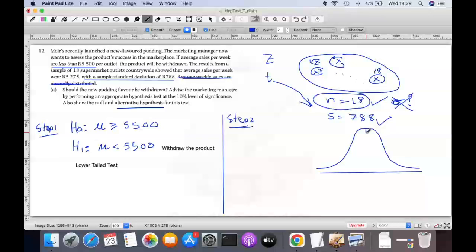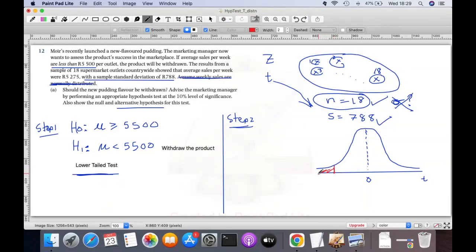Just like the normal distribution, it is also centered at 0. And this is your t-axis here. All right. Now remember what we said here. We said it's a lower tail test. That means the rejection region is on the lower side here.